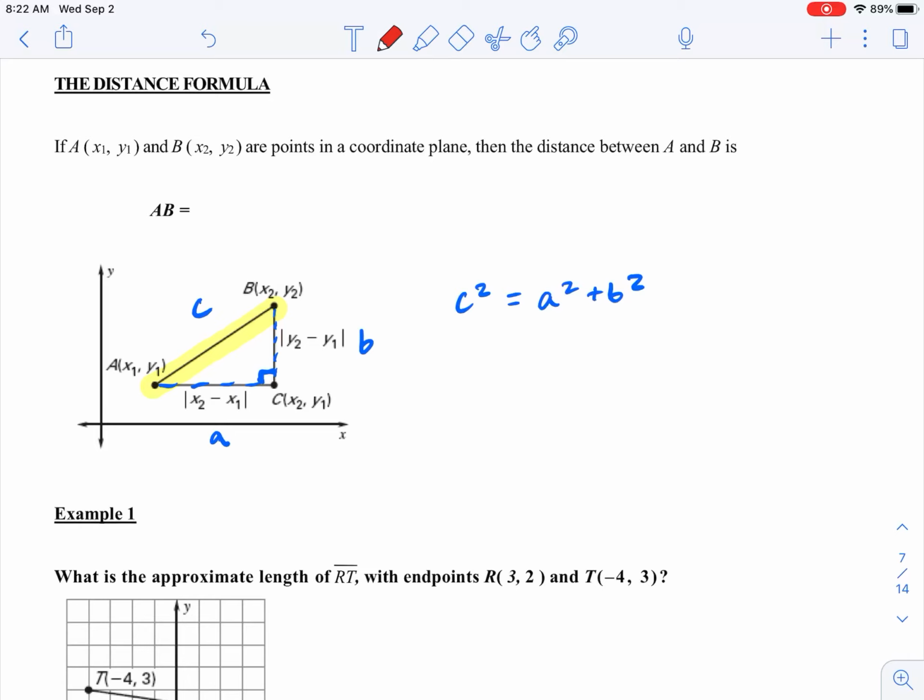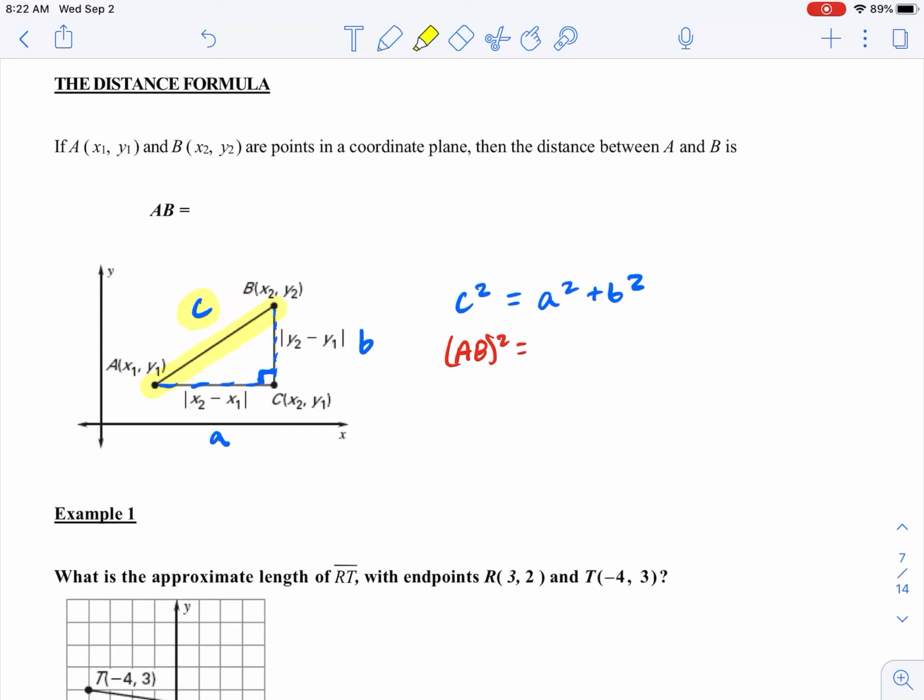I'm going to change colors here, a nice red. If I'm looking at c squared, I have no idea what that is. That is just segment AB. So AB squared, that is what we're trying to find. That's kind of the end goal. Now, if I look down here, A is x2 minus x1.